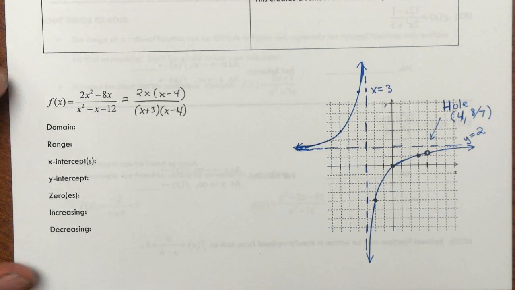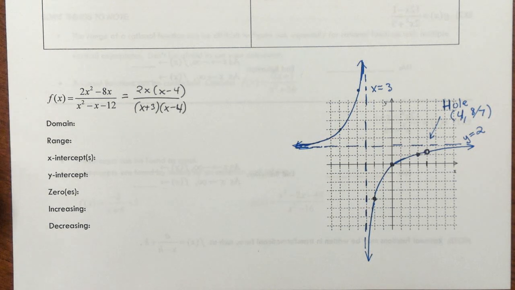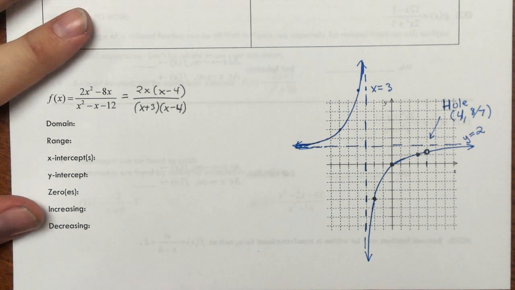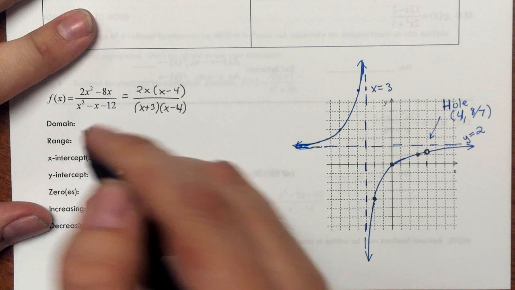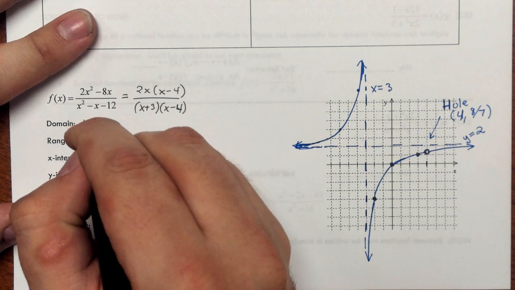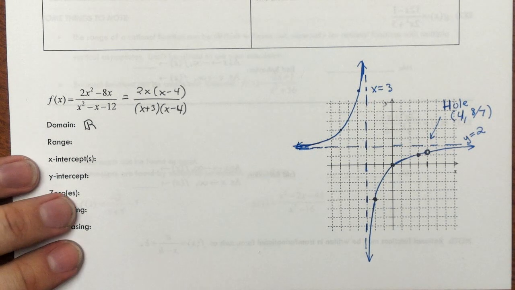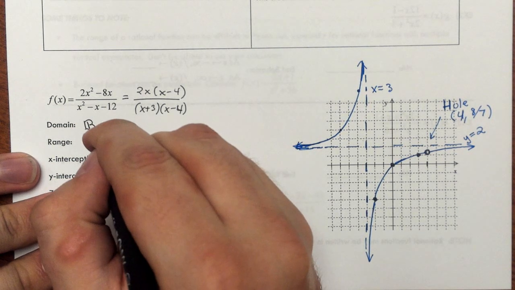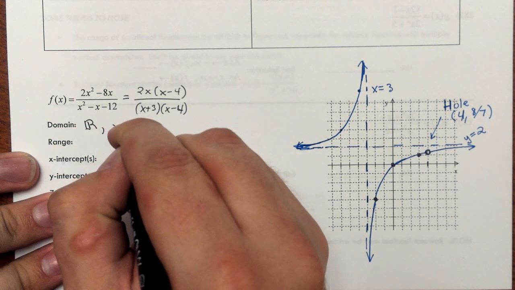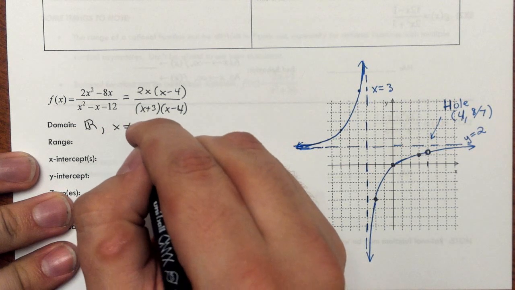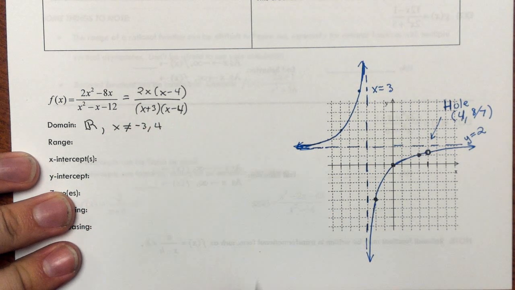Now when I'm figuring out domain, range, and all this other stuff, so my domain, there are two ways that you can write this, although one may be expected in certain contexts over another. The idea is the domain is all the real numbers with 2 values excluded. It's the real numbers with x not equaling -3 or 4.